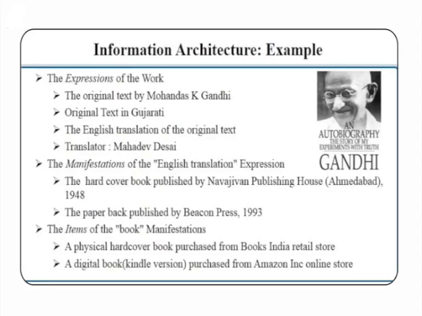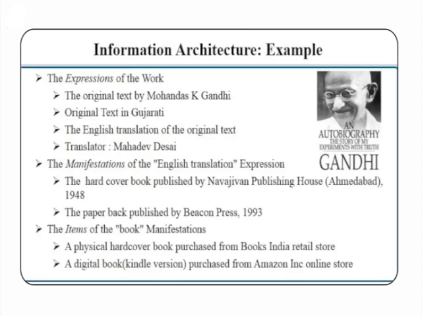Now, for this book, the expression of work can be the original text by Mohandas K. Gandhi, the original text in Gujarati, and the English translation of the original text, whose translator is Mahadev Desai.